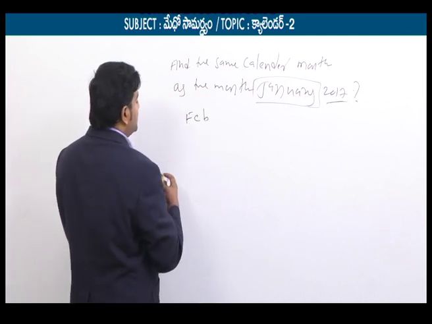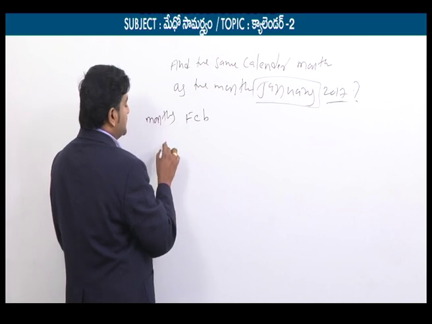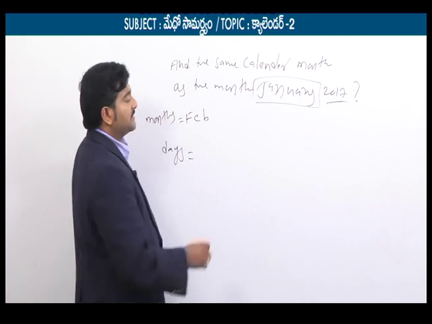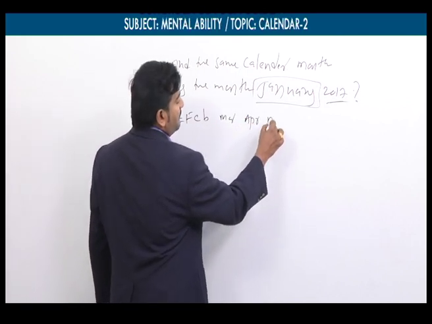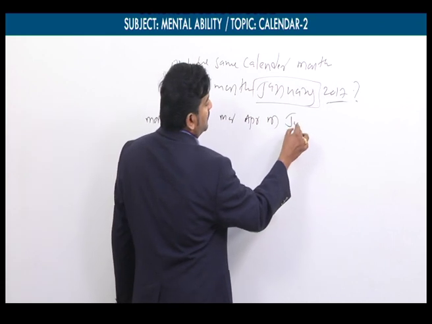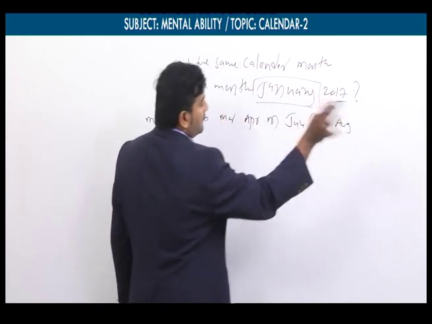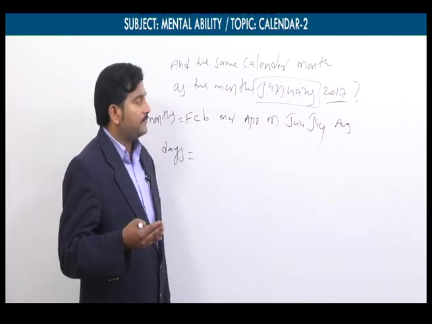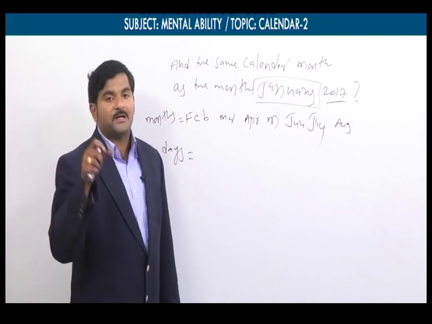So one side months you can take, and one side number of odd days we can take. February month, similarly March month, April month, May month, June month, July month, August month. I'm taking these months, and in the starting when you are writing month codes, I gave a list of how many days are there in every month.